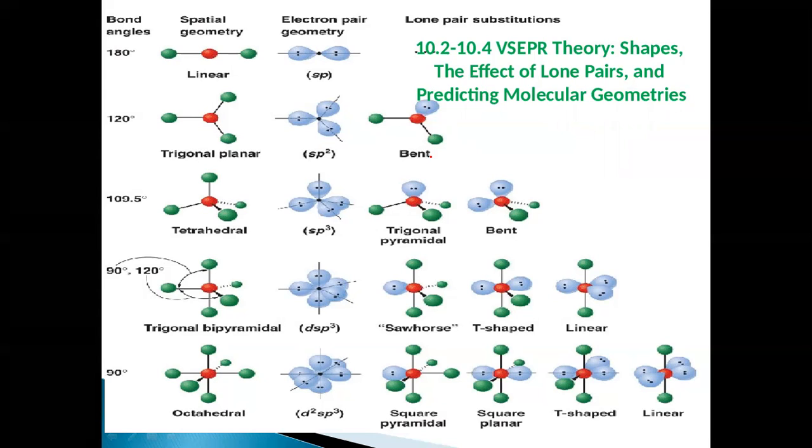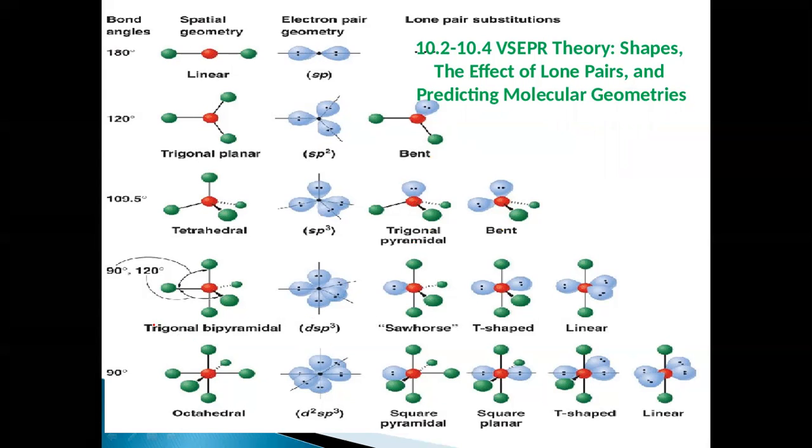And if the geometry is tetrahedral, the angle is 109.5 and it's sp3 hybridization, and as in the case of ammonia, if there is one lone pair present, it is trigonal pyramidal, and in the case of the water molecule, two lone pairs are present, so it is bent here.